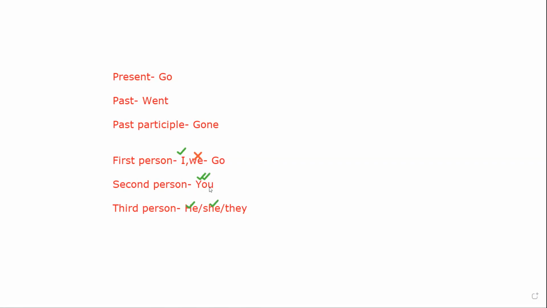So with the second person, you also have to use go. With the third person, you have to use goes, and with the plural, you have to use go. So I go, we go, you go, he or she goes, and they go. This is the form.